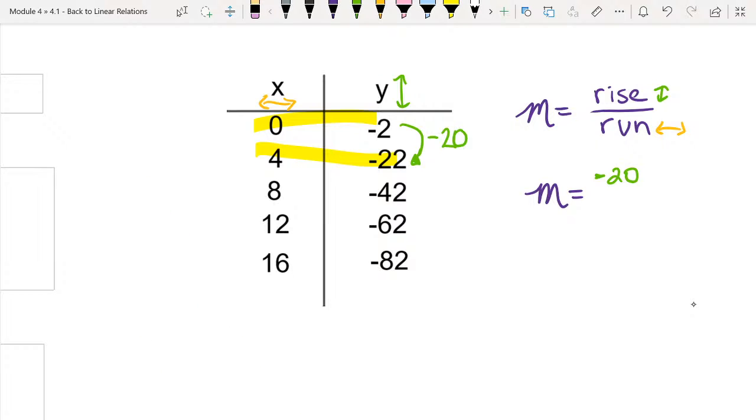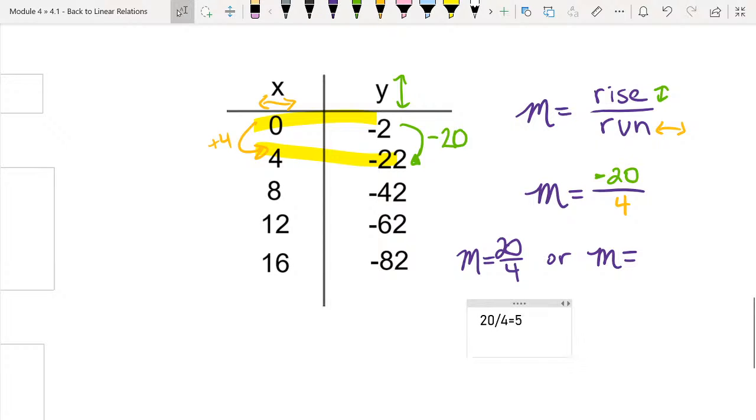So the rise is -20, and the run is from 0 to 4 is going up by 4. So the rate of change is 20 over 4, and you could leave that as a fraction. There's nothing wrong with that. That is a slope. But it's always kind of nice to actually do the division and get this as a decimal. 20 over 4 is equal to 5.